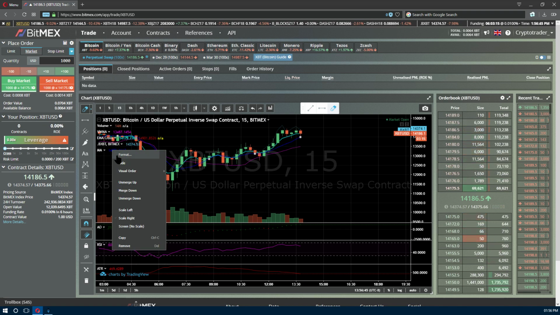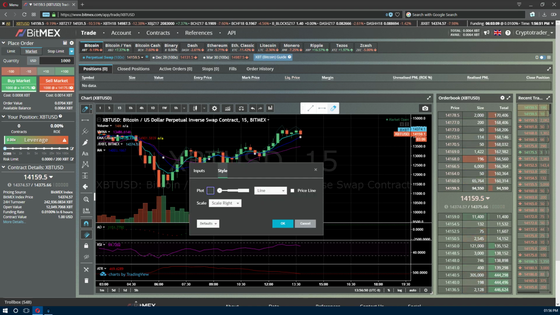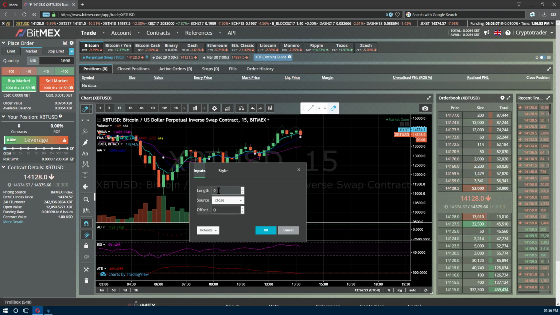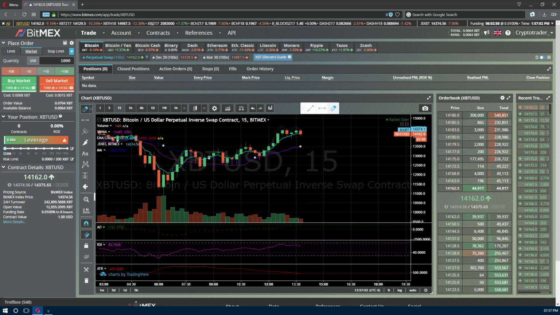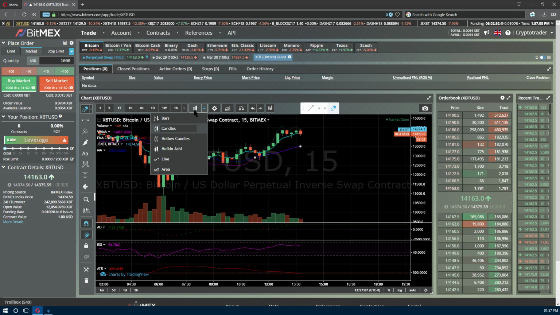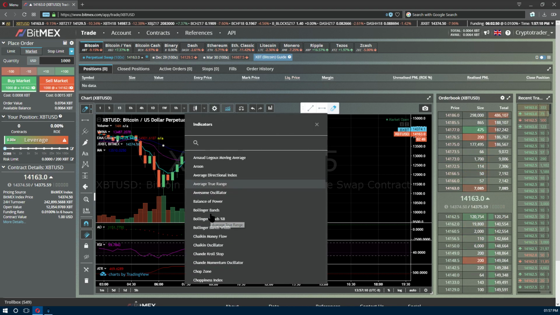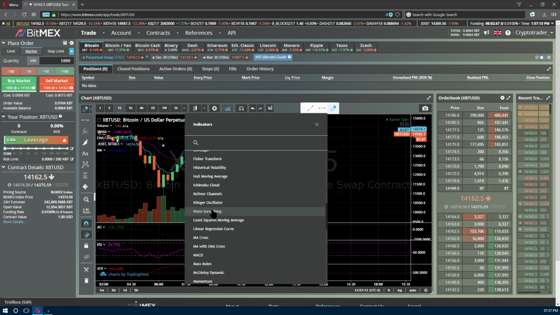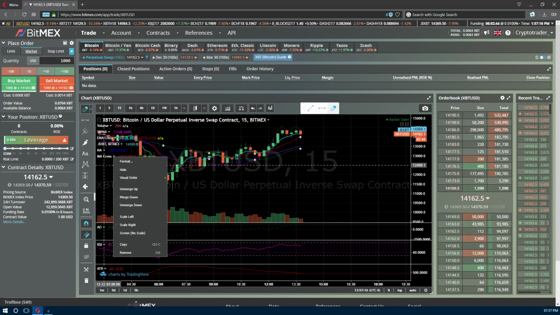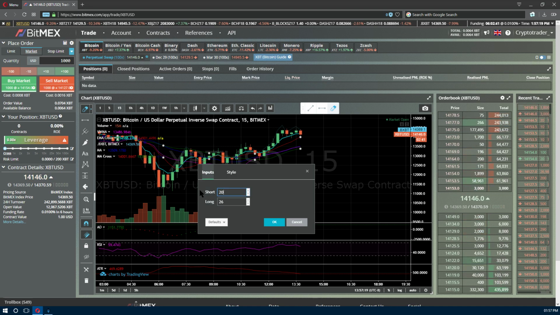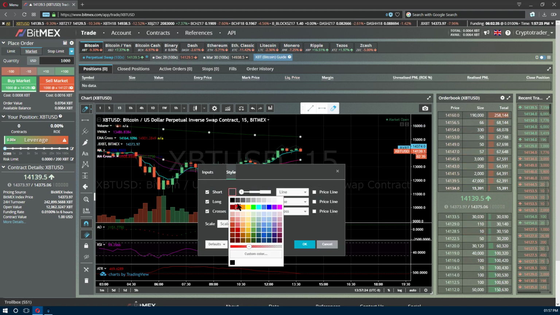What color is that? All right, here it is. Grab this, format it and put it at 20. Can I find a moving average cross on here? Let's see. Here's one. All right, format 20, 200, style, yellow.